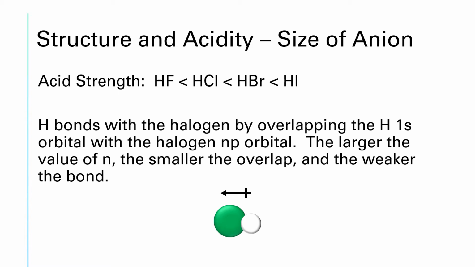The bond between hydrogen and the halogen is formed by the overlap of the hydrogen's 1s orbital with a p orbital on the halogen.